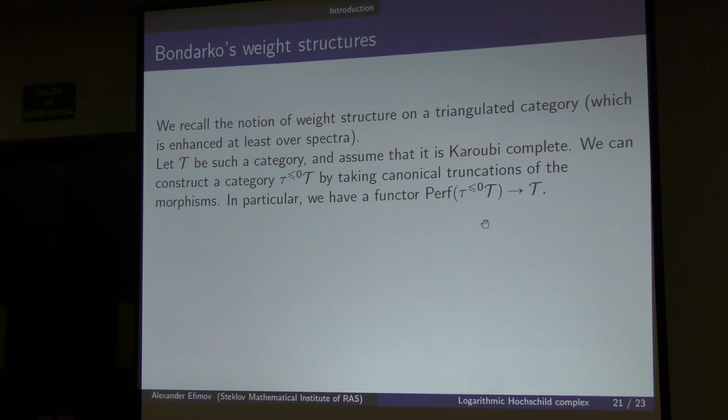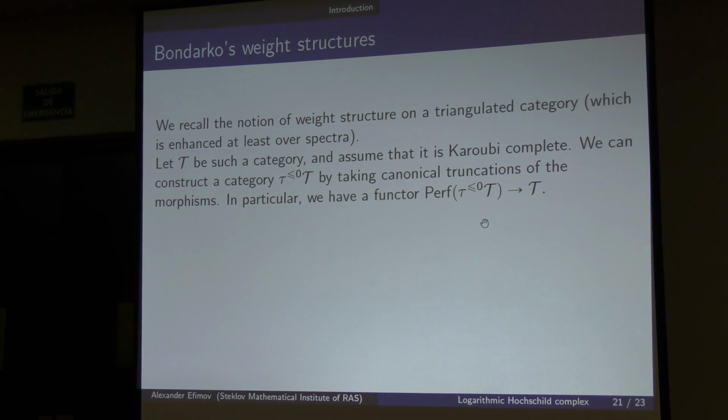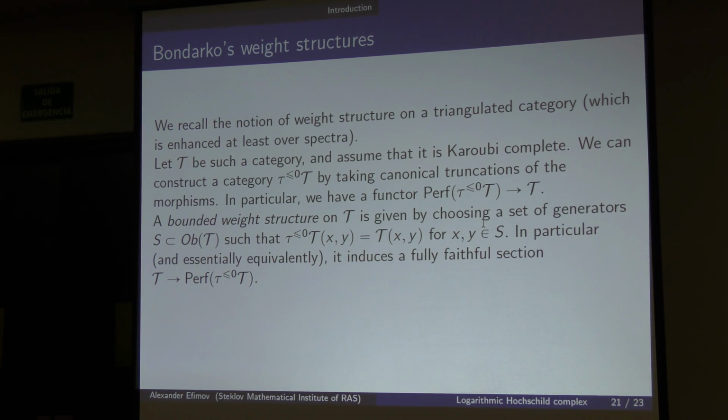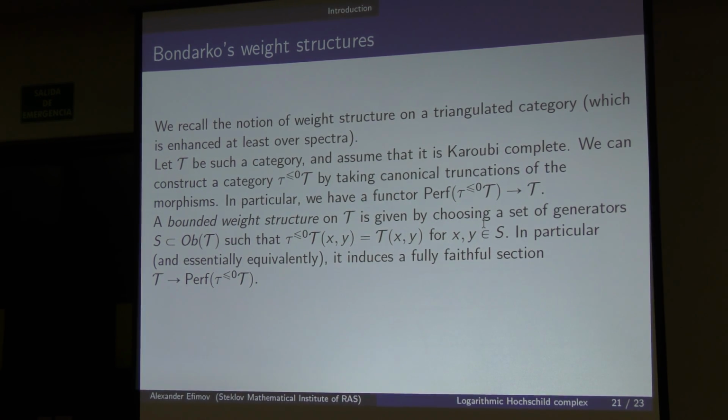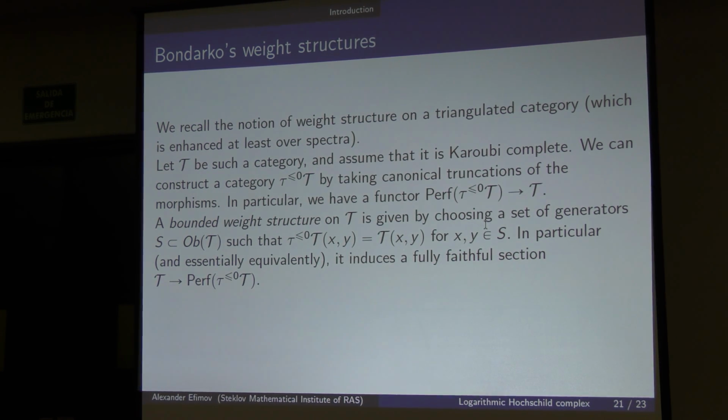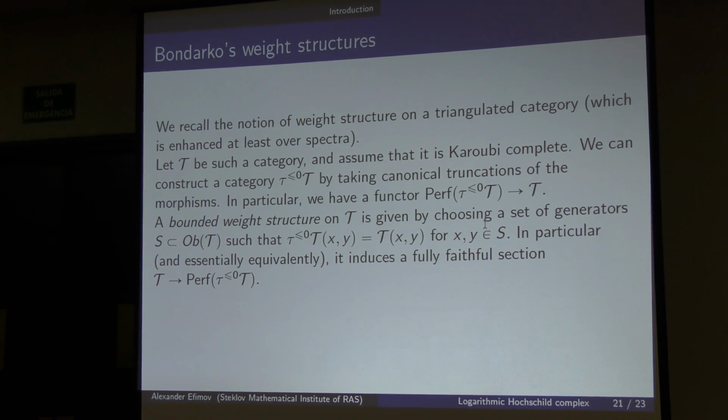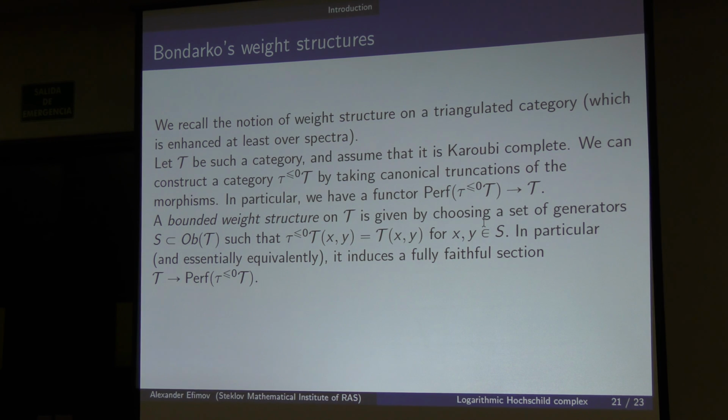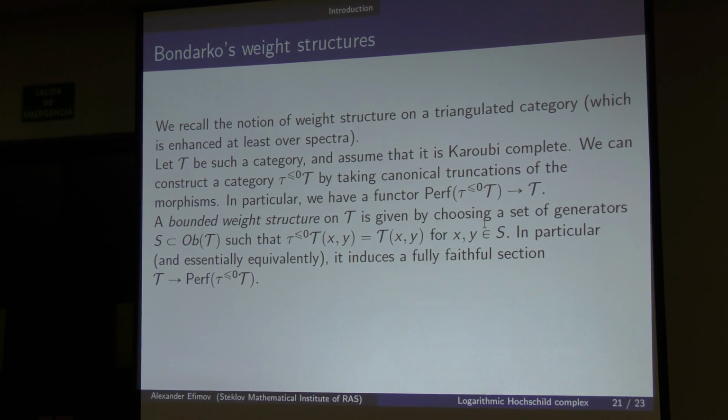So then we have a natural functor from this truncated category of T to T itself, and so we have a functor from the perfect complexes over this truncated category to T. And a bounded weight structure on T is given by choosing a set of generators of T such that Homs between them are homologically non-positive, so that Homs between them are the same both in T and in the truncated category.